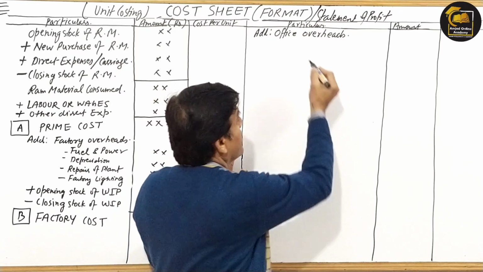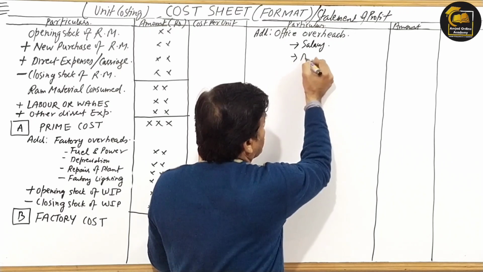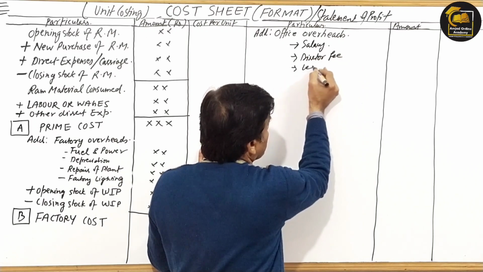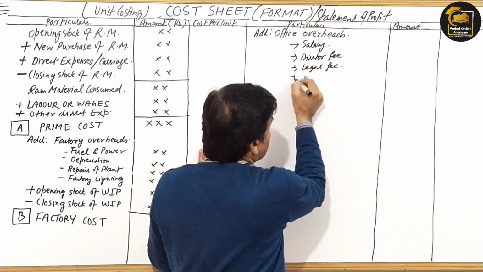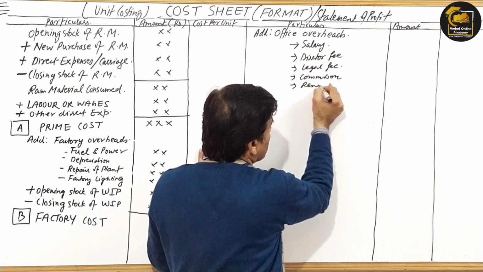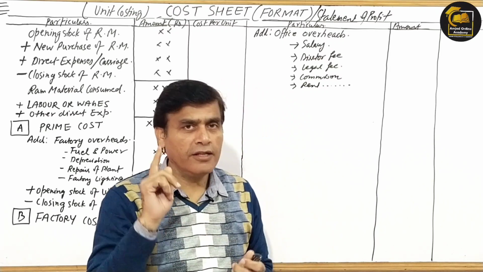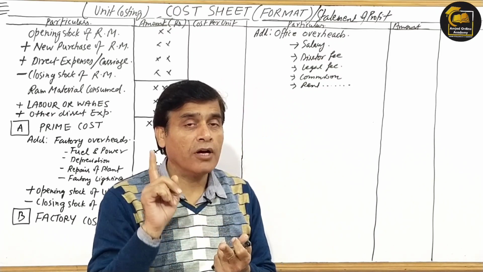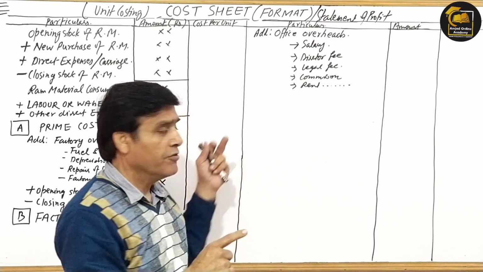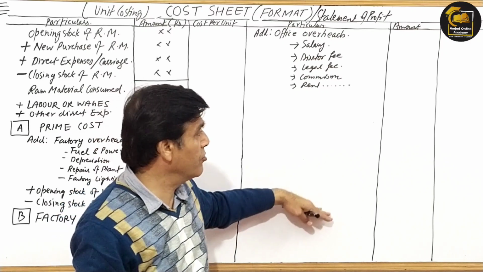When there are several, I just can tell you, for example, salary, director's fee, legal fee, commission, rent, etc., etc. Because there will be a lot, as I have told you, it will depend on the question, and first of all you have to identify which overhead is related to the factory, which overhead is related to the office, right? Which overhead is related to the further items which are going to come here, right?